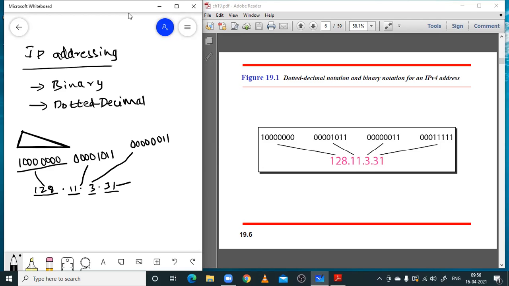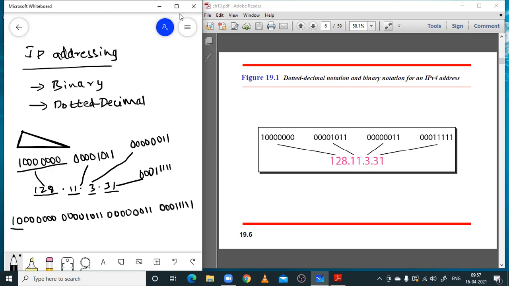Now coming to the fourth, 0, 0, 0, and then all ones, the remaining ones: 00011111. To represent the address 128.11.3.31, it will be written all at once as 10000000 00001011 00000011 00011111.